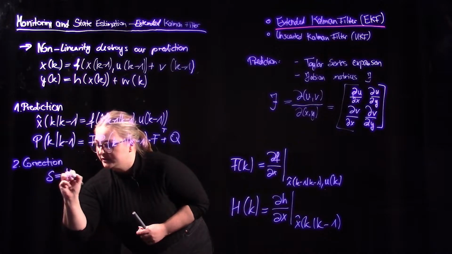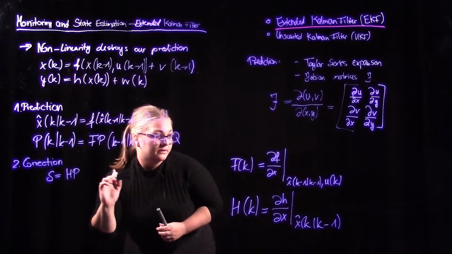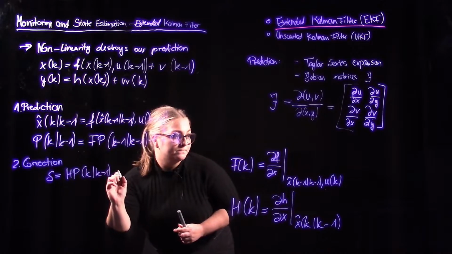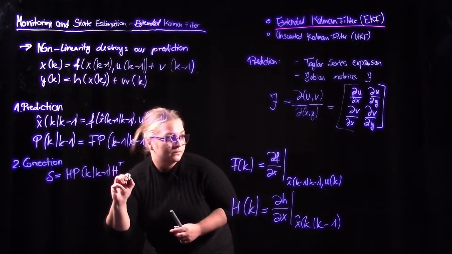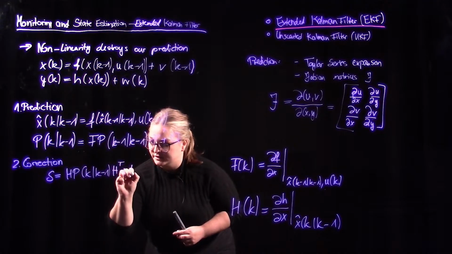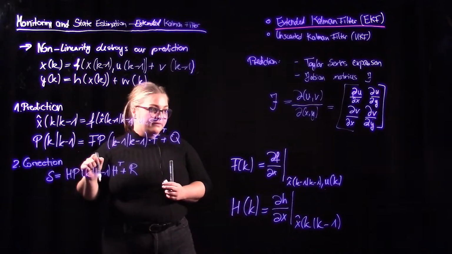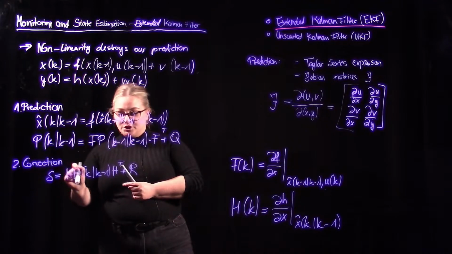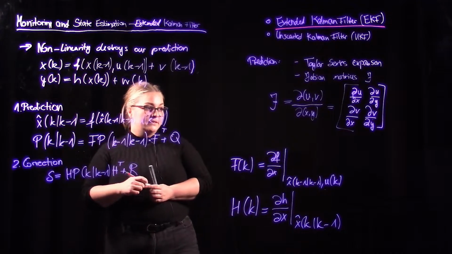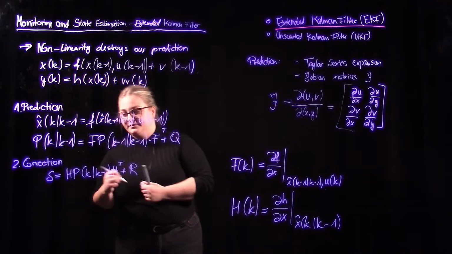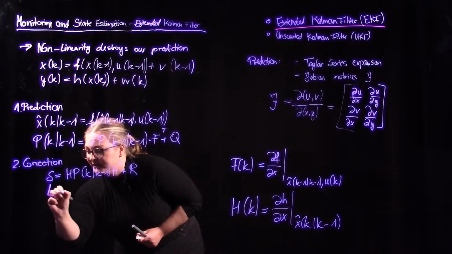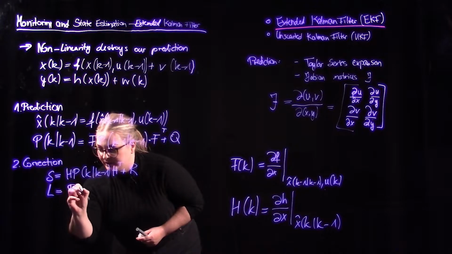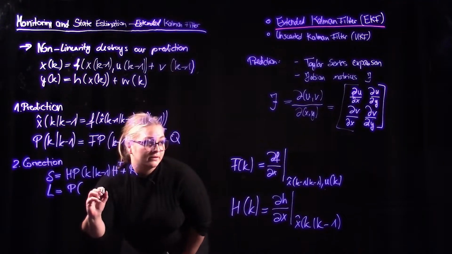We do have plus R. Here again, as before, we have our measurement matrix, H, and R, which is our measurement error. So then again, we can calculate L, which is our Kalman gain. Now again with the covariance.